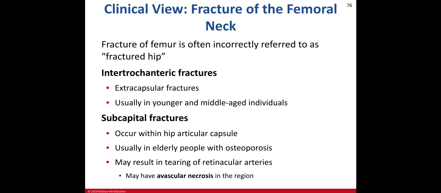And that's what's happening to elderly people with osteoporosis. And if you tear those arteries, you can actually have necrosis to the hip, which is a much larger problem than just those ligaments being damaged. Obviously, tissue death is more serious.